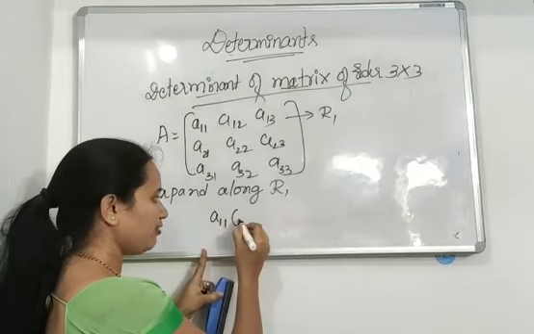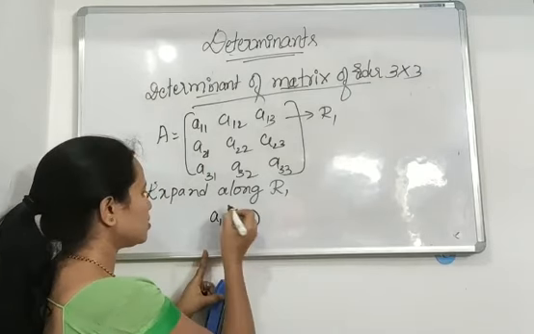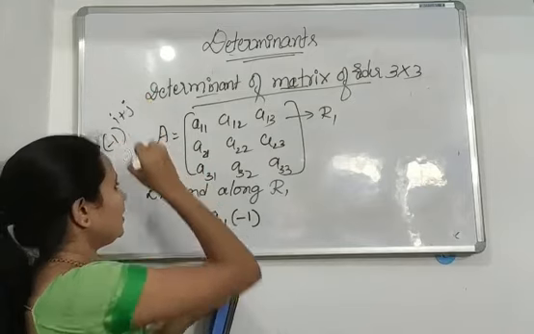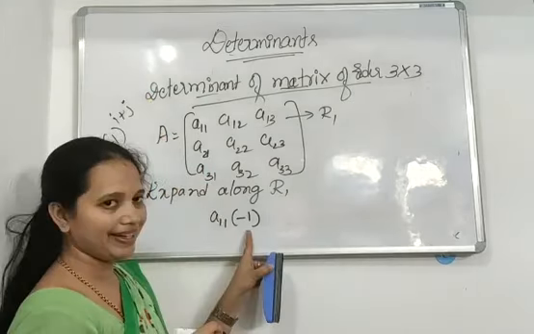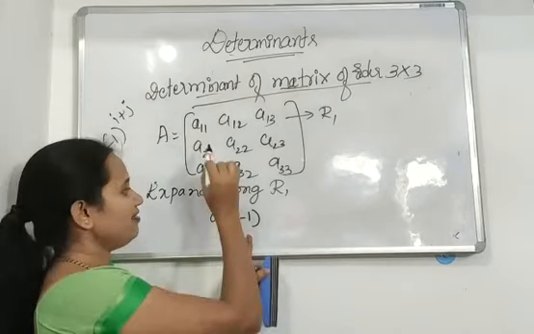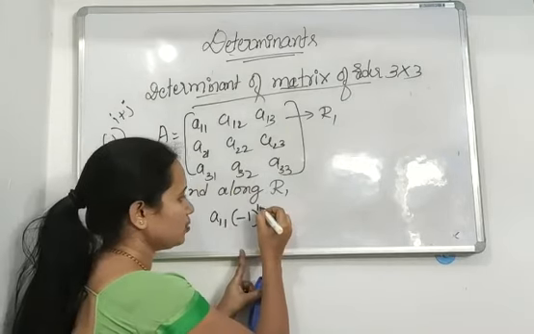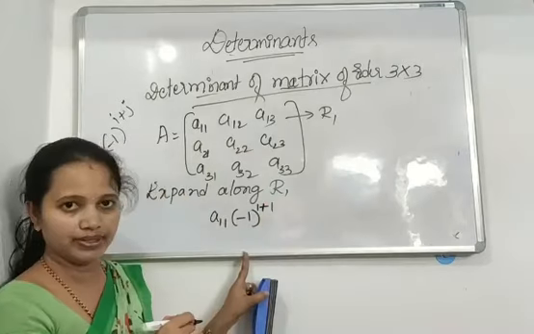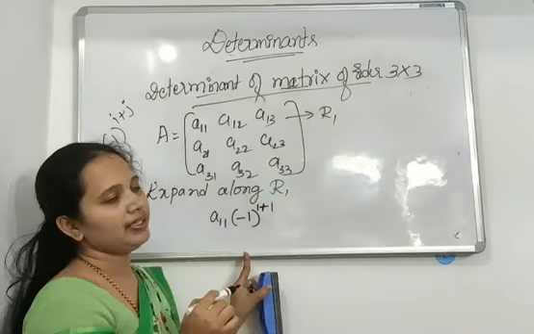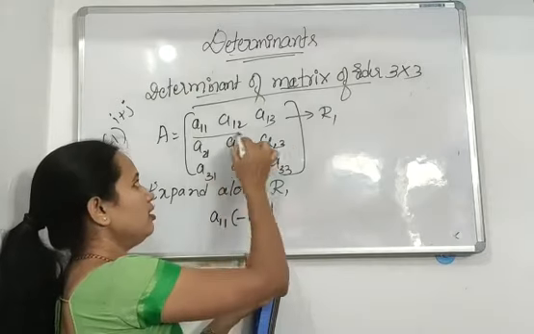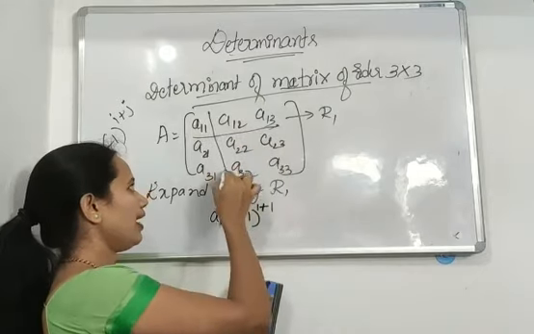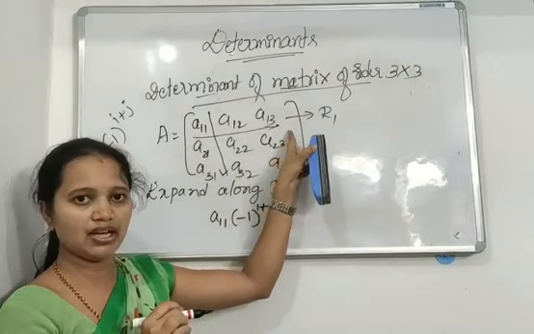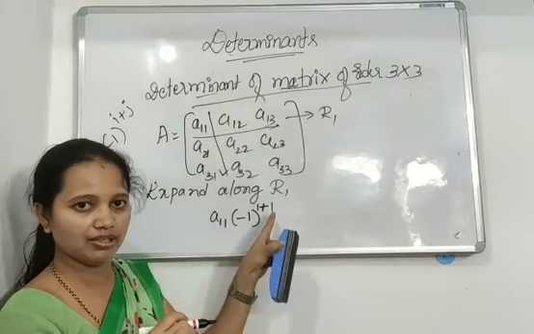So multiply A11 with minus 1 power I plus J, here minus 1 power 1 plus 1. A11 lies in the first row and first column.